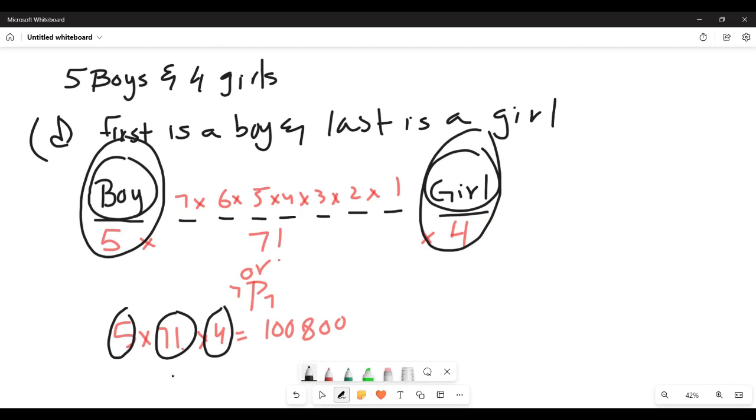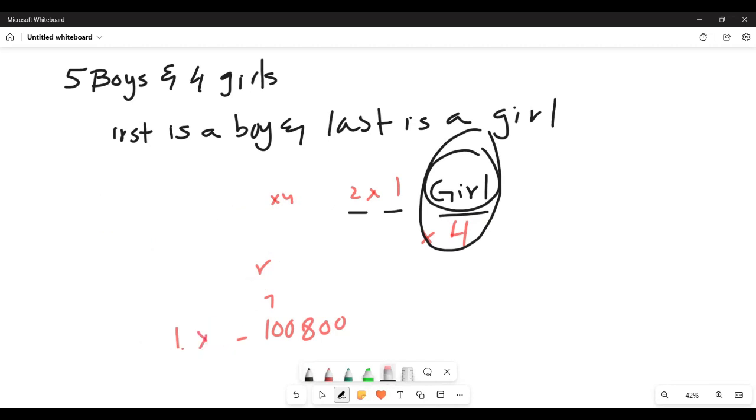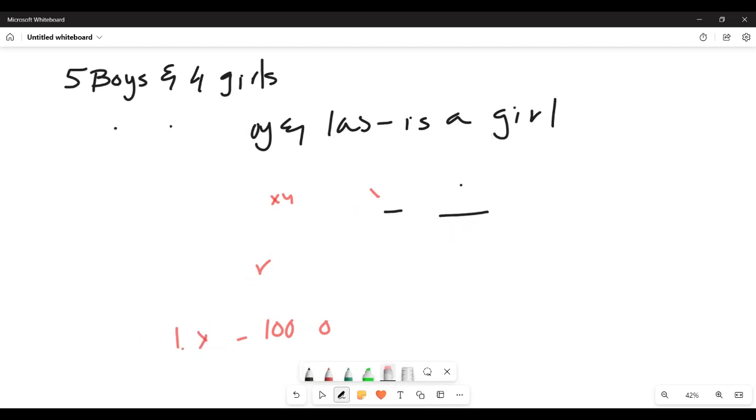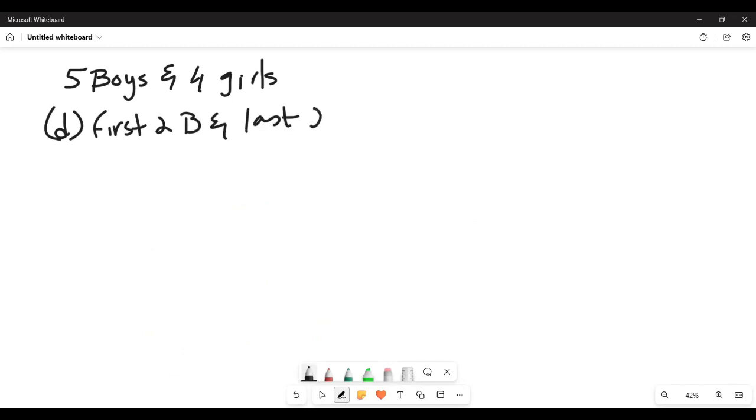Next is first 2 are any boys and last 2 are any girls. I think that's part D. First 2 boys and last 2 girls.